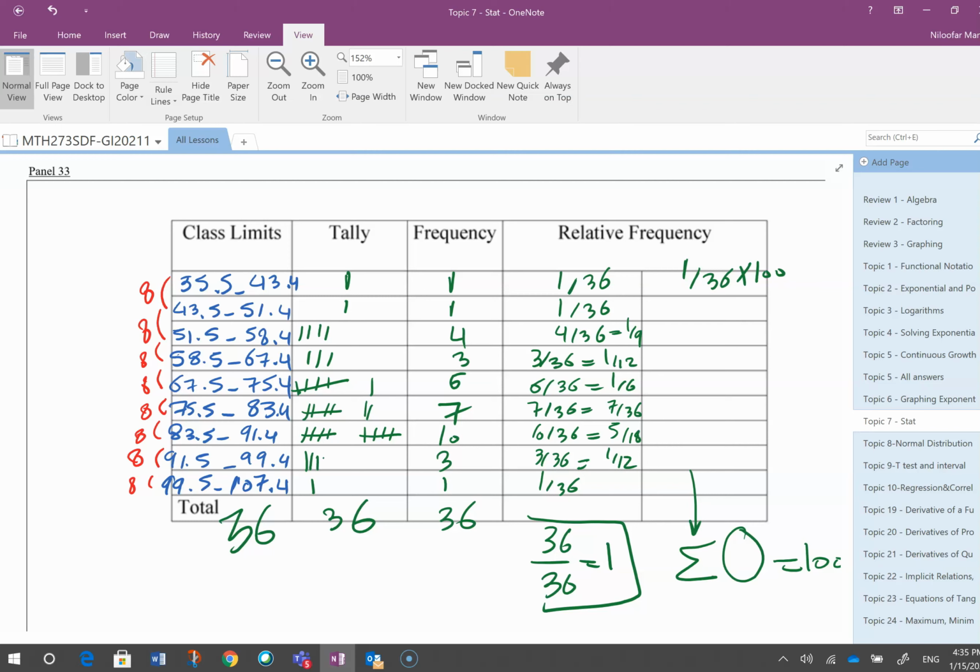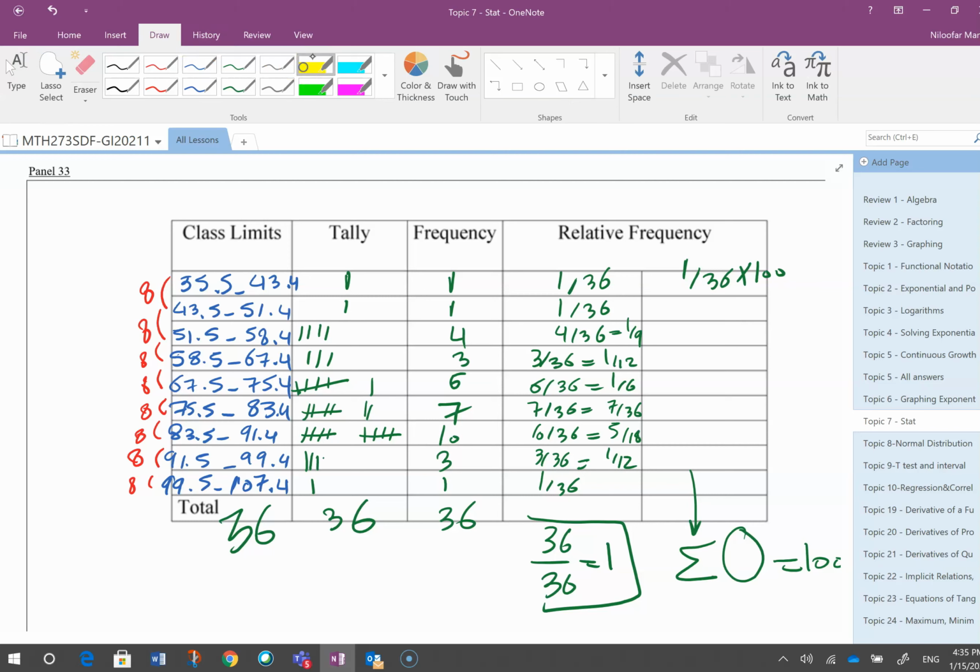I start from a little bit before, because I do not want my data to be at the boundary. I do not want 36 to be the start of the interval. So I go from 35.5 to 43.4. Why?